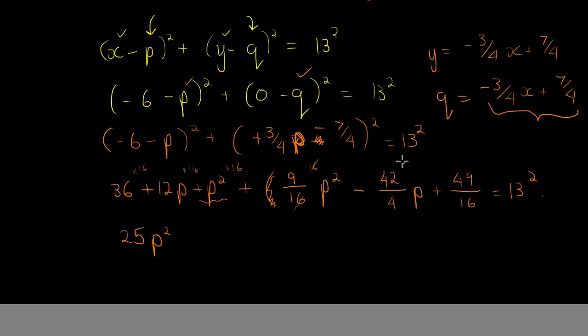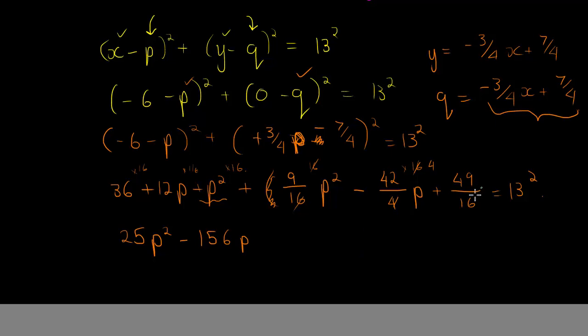Okay. This one is going to multiply with a 16. So I'm going to have negative 42 times, but this will cancel and 4 will be left. So 42 times 4 is negative 168. So negative 168 plus 12 will be negative 156 p.